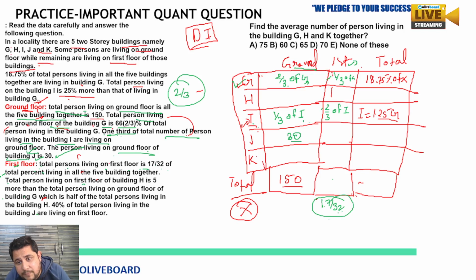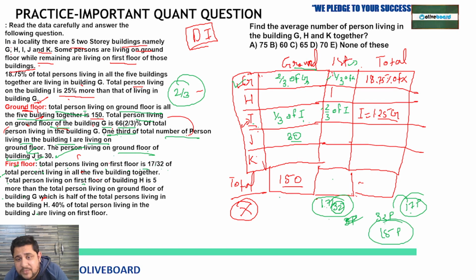So in fraction form, 32 parts in total, and out of those 32 parts, 17 parts belong to the first floor. Then 32 minus 17, which means 15 parts, belong to the ground floor. The total number of persons in those 15 parts is 150, so one part will be equal to 10.